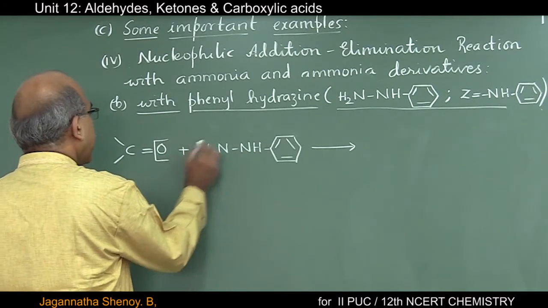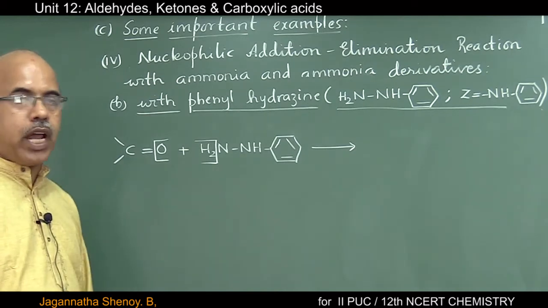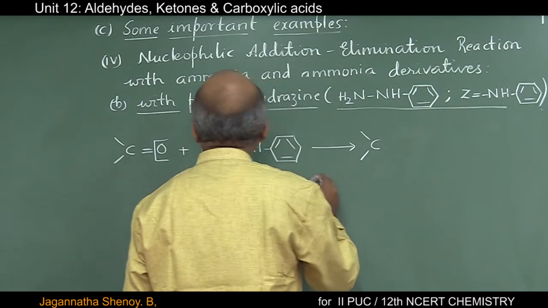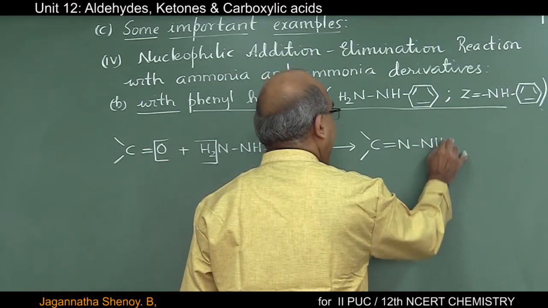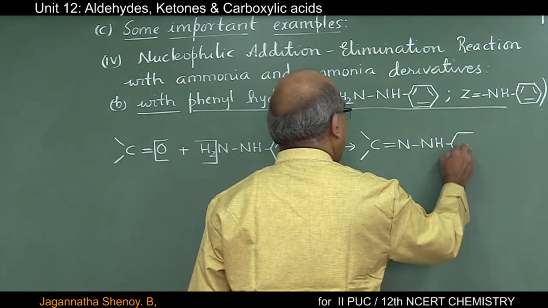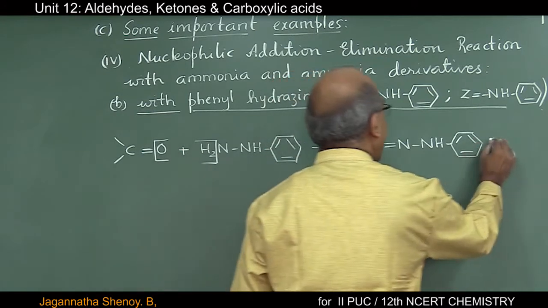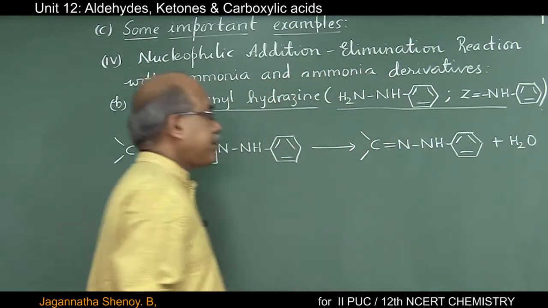You can write the equation very easily by following the steps whatever I have told earlier. So we should have carbon here, 2 bonds, and then a double bond NH, and then we will have C6H5. Along with that, we have to get a molecule of water.